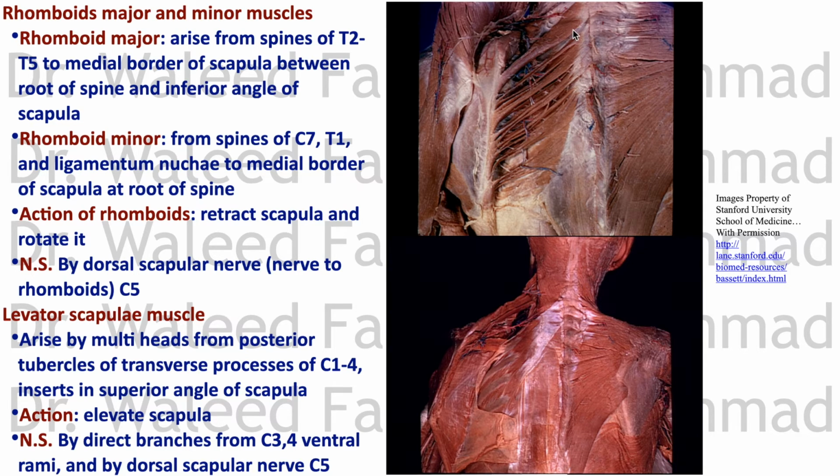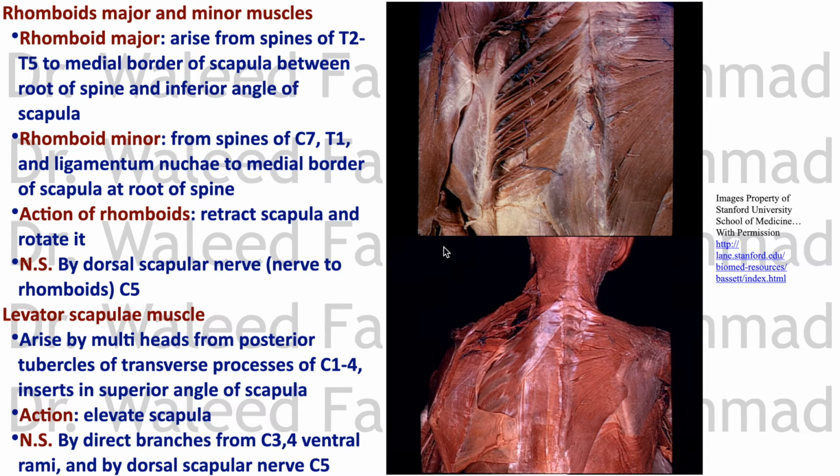The origin of the rhomboid major is from T2 to T5 spines and supraspinous ligament. The rhomboid minor is from the spines of C7 and T1. What do they do? They retract the scapula. And the nerve supply is by the dorsal scapular nerve, the one we studied in the head and neck, or nerve to rhomboids, C5.